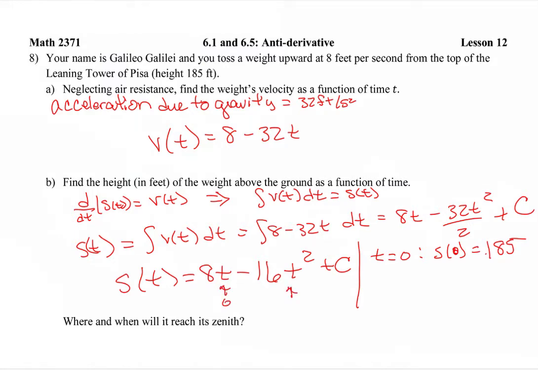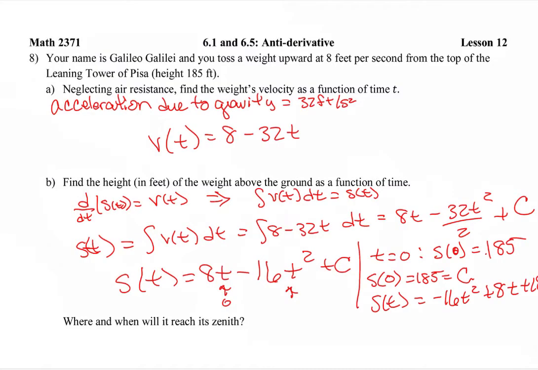So that tells us that we have s of 0 equals 185, so that equals c. So this tells us that s of t equals minus 16t squared plus 8t plus 185. All right?